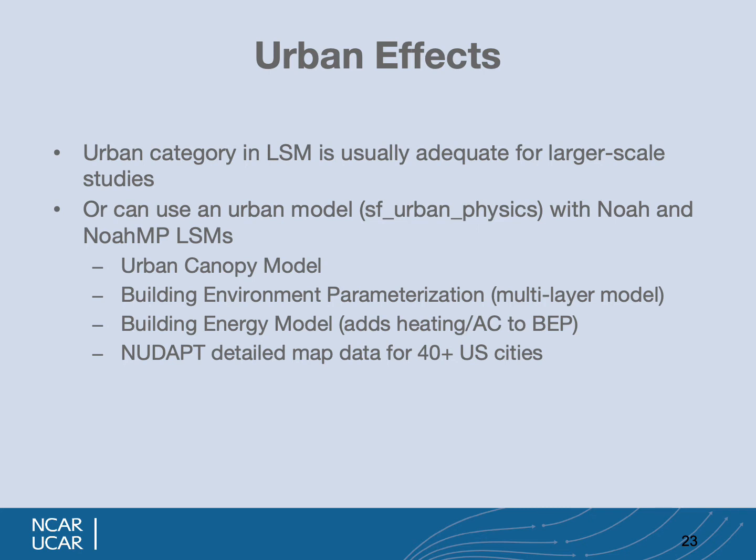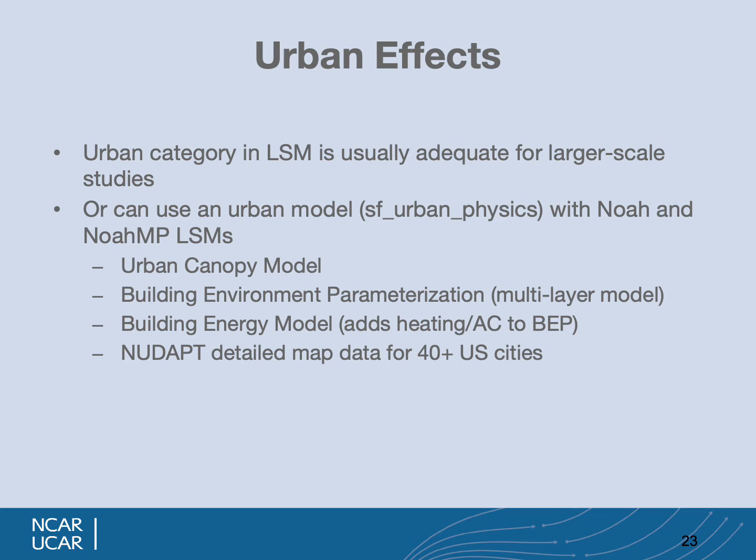These urban models can use quite complex variability between urban area types. For example, street width, roof heights, urban density. Those can vary in a map. And there are some efforts, including NUDAPT, which has a map for 40 US cities.